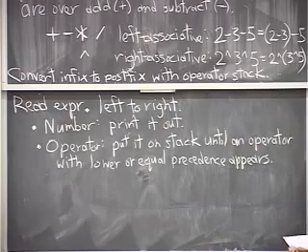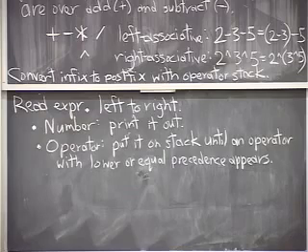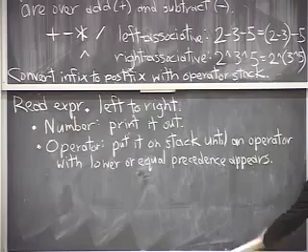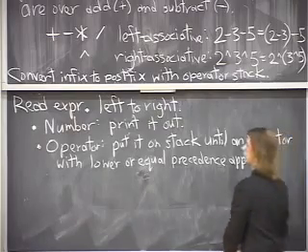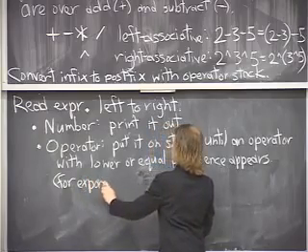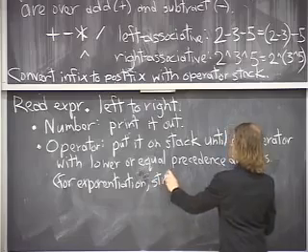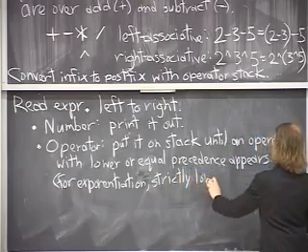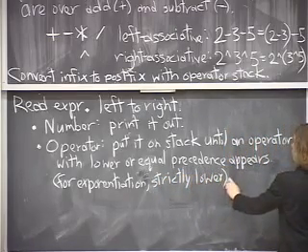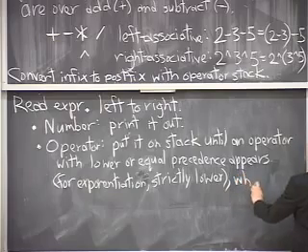Unless that operator has equal precedence and happens to be exponentiation, in which case we wait even longer. And when that operator with lower or equal precedence finally arrives, then we pop and print the current operator.